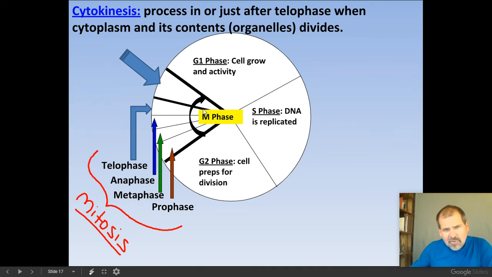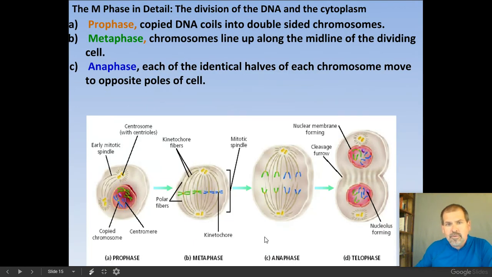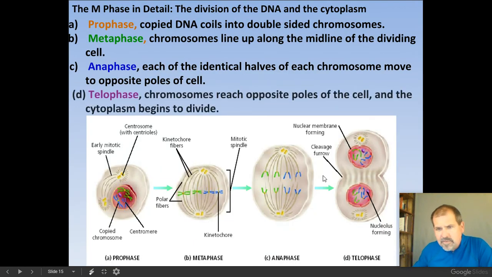I have a hard line here to make a distinction between mitosis and cytokinesis, but this line is blurry. If I'm just going to back up here for just a second, because I just want to point something out. I want to go back to the image right here. All right. So in this image right here, telophase is wrapping up here, and cytokinesis has started.